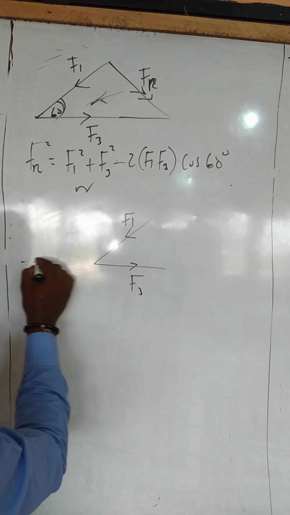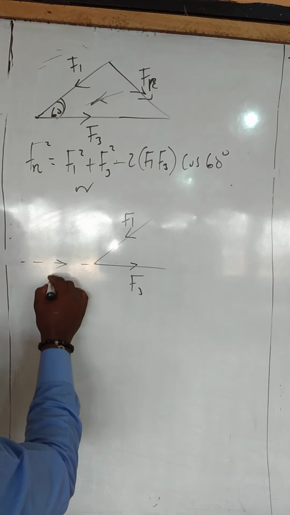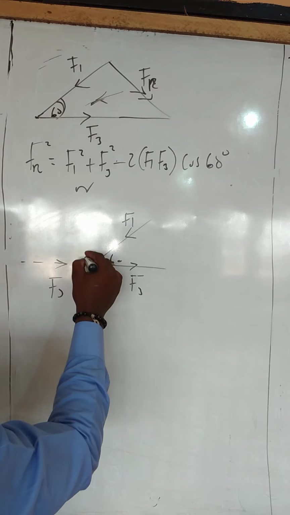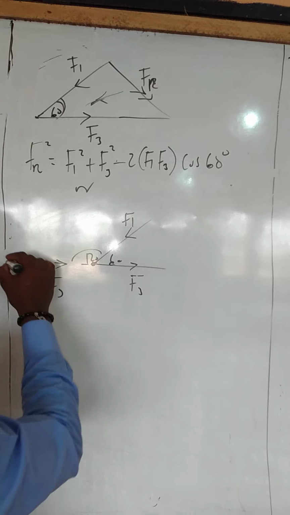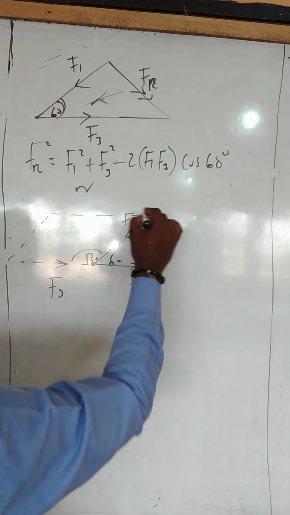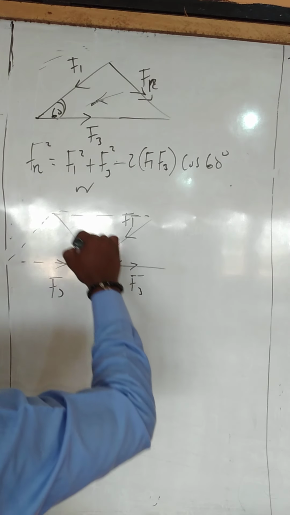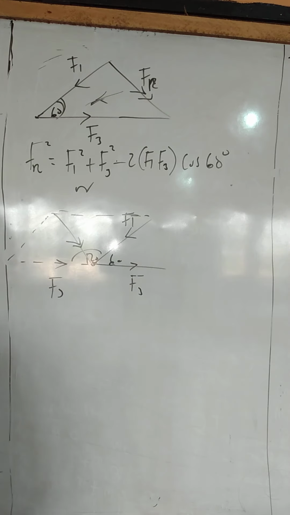If I elongate this and this becomes my F3, this is 60, it means this is 120. Since this vector is meeting this vector, I can draw a parallelogram out of it this way so that this one becomes the resultant force.